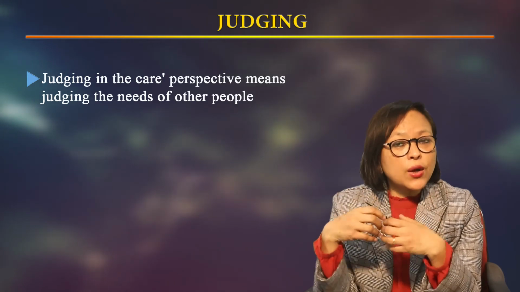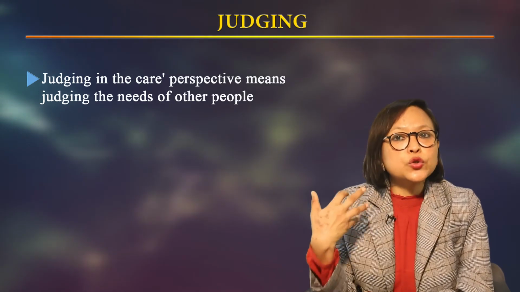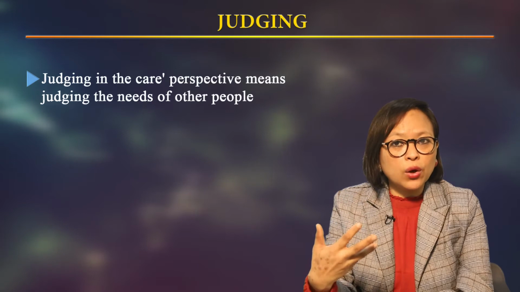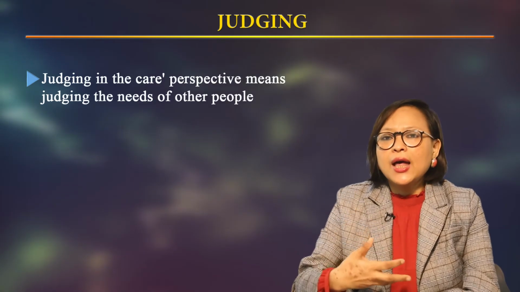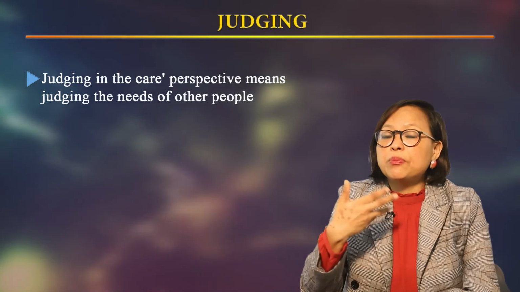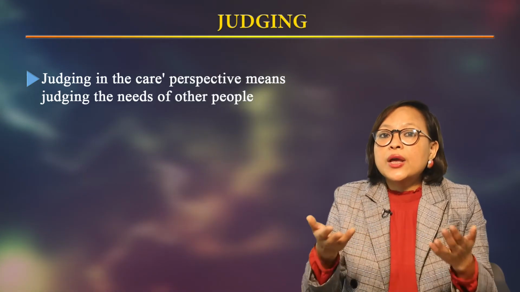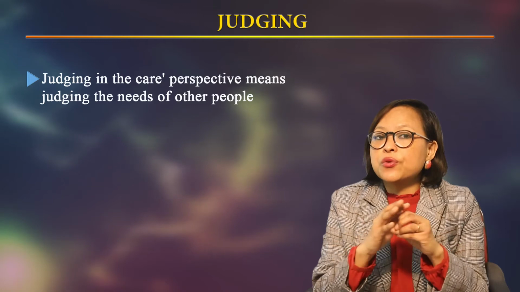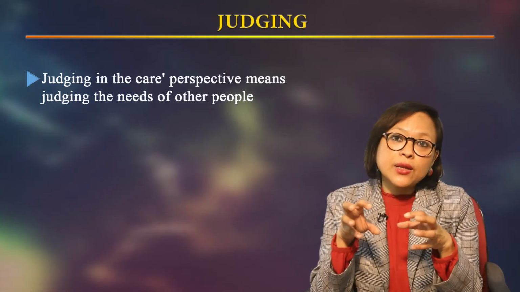So what did he do? He was able to judge the needs of his co-workers. He was able to judge the situation, that his co-workers would be exposed to radioactivity because of the chain reaction which was happening in the room.